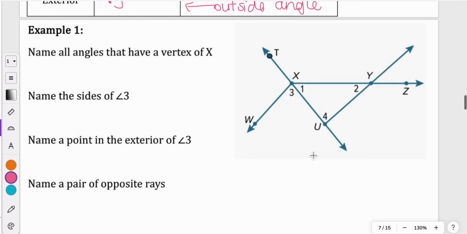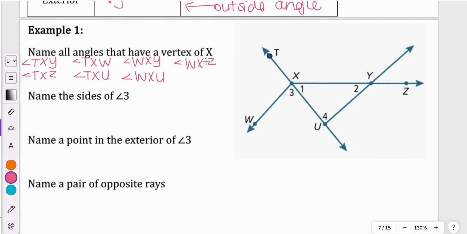Okay, so example one, we're going to name some angles here that have a vertex of X. There's a lot of them, so just hang with me tightly. A first angle could be TXY or TX all the way to Z. You can have angle TXW. We see angle TXU. And then you can also use some with W's. WXY would be an angle, WXU, and angle WXZ.